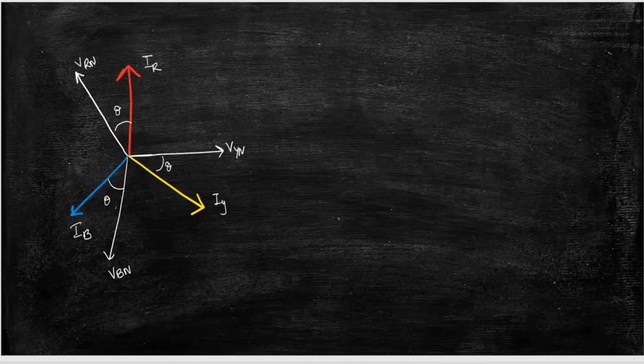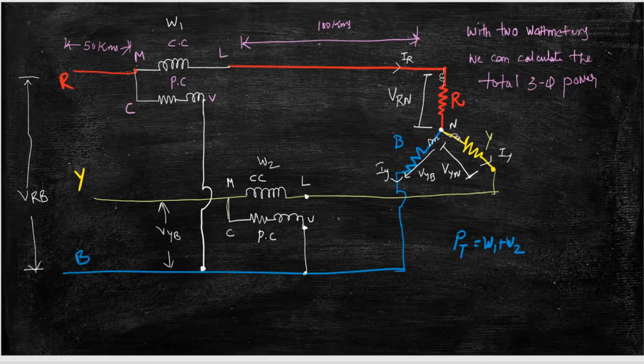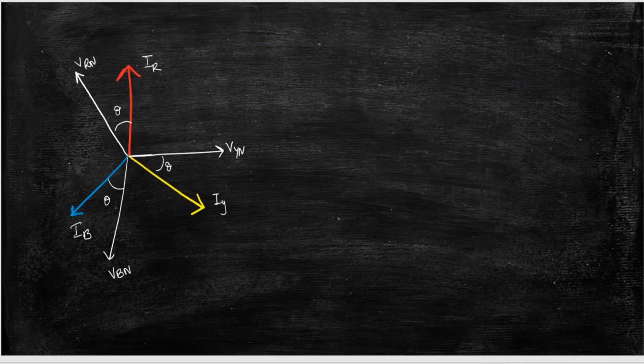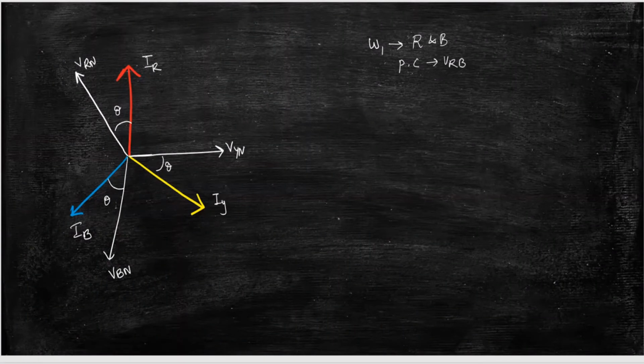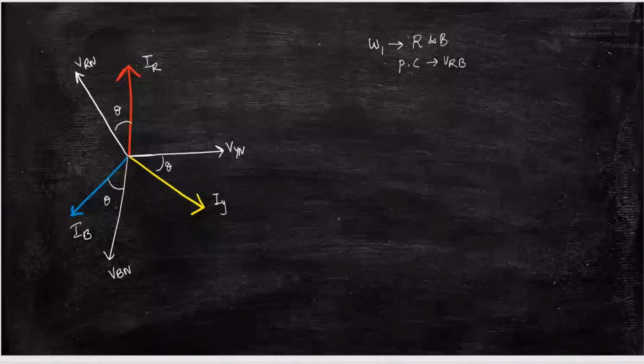Now from here, what is the voltage for wattmeter 1? Wattmeter 1 is connected between R and B phase, so the pressure coil is connected across VRB. How will I get VRB?